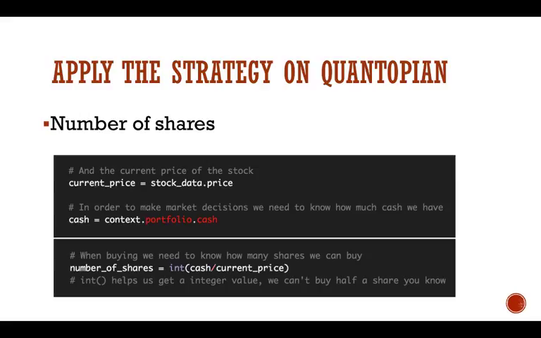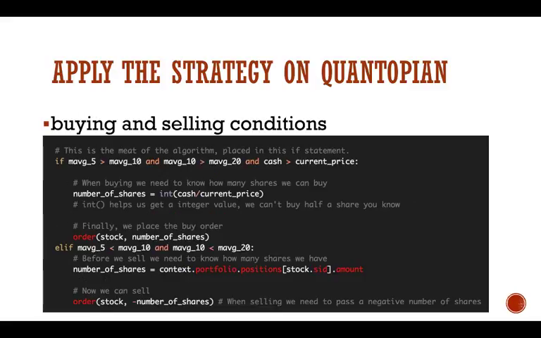Secondly, we should return the amount of cash in our account and the current price of the stock in order to define how many shares we can buy or sell. At last, we define the buying and selling conditions, then place the buy and sell orders.